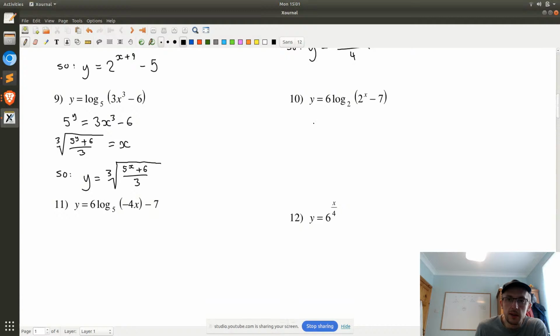And for this one here, divide both sides by 6 and do 2 to the power of both sides. So 2 to the y over 6 equals, beg your pardon, 2 to the x, take 7. Add 7, do log base 2.